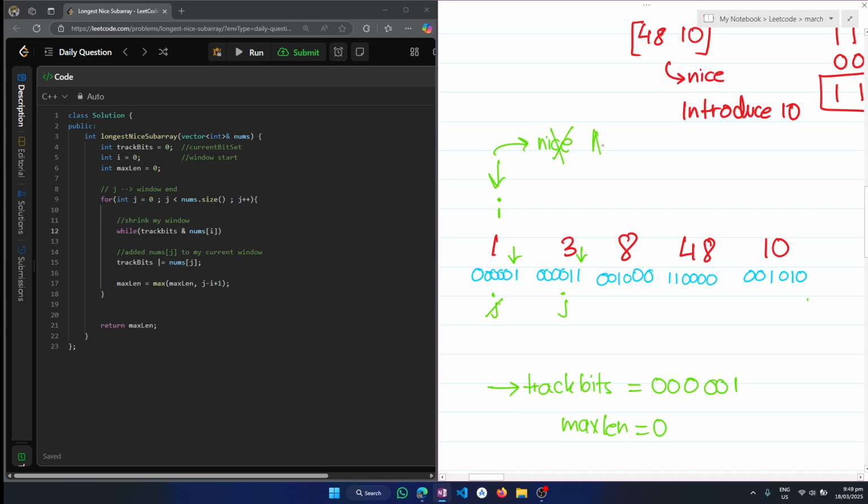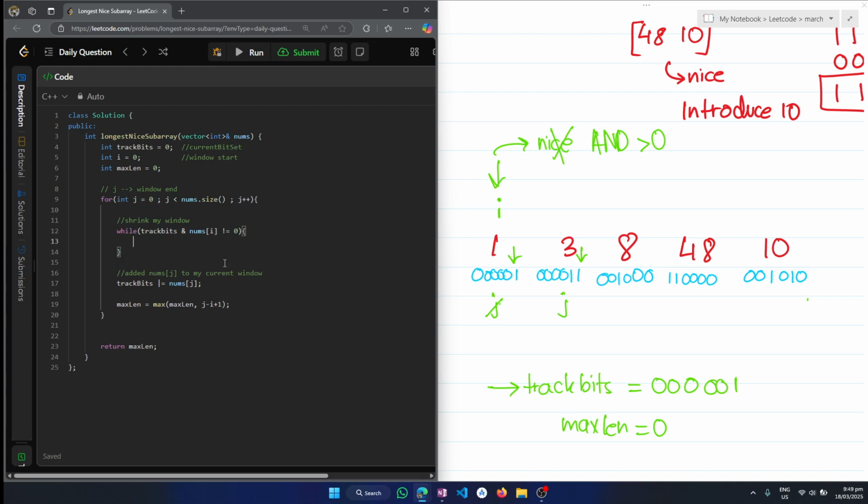And why is it not nice? Because the track bits are getting greater than 0. So I'm going to say while track bits and nums of i is not equals to 0, I need to shrink my window, isn't it? I need to shrink my window till the point where track bits and nums of i becomes equal to 0.